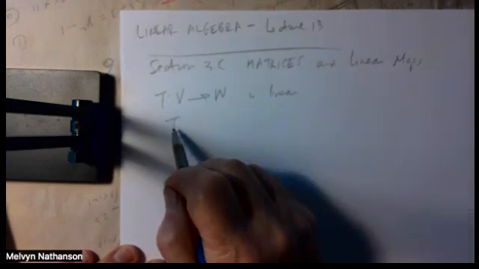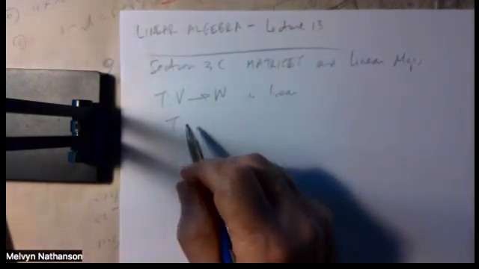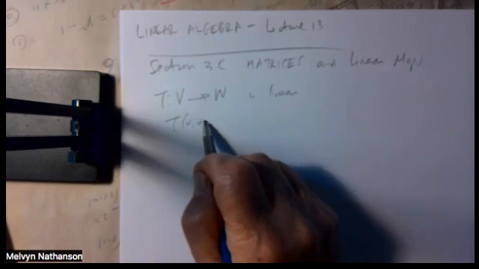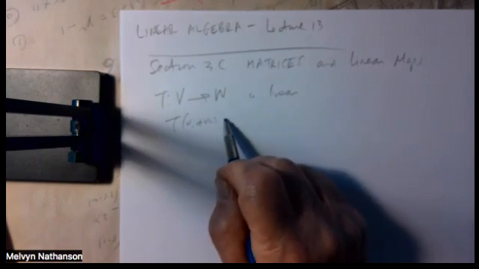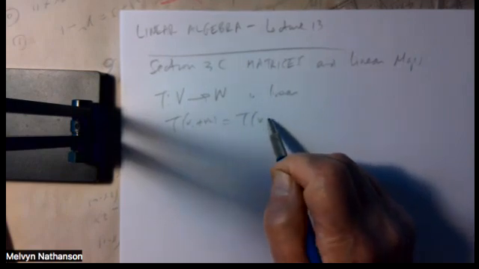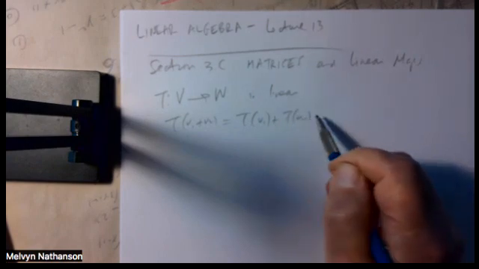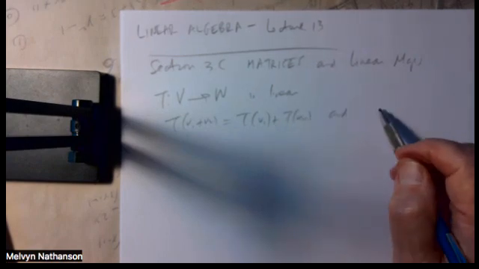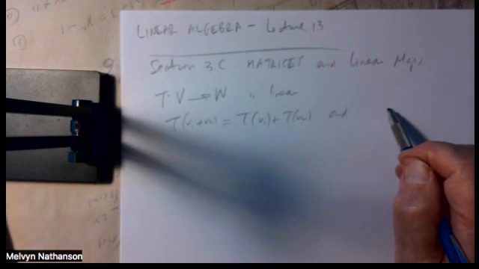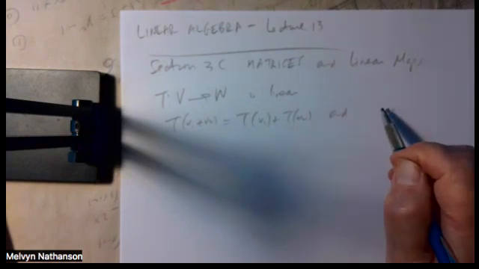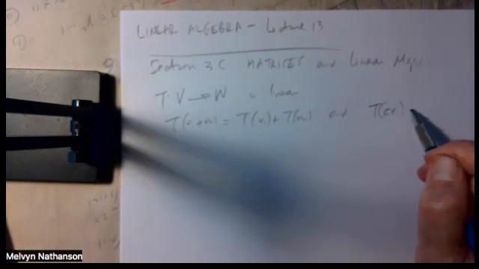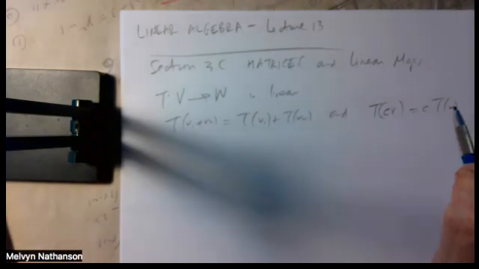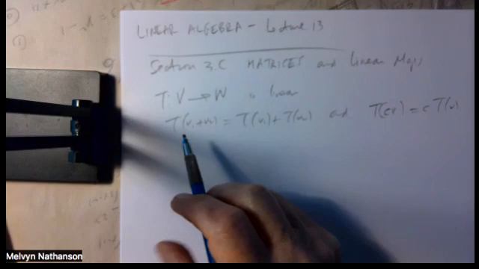That means that for any two vectors V1 and V2 in V, T of V1 plus V2 is T of V1 plus T of V2. And for any scalar C and any vector V, T of a scalar times a vector is the scalar times T of the vector. That's the definition of linear.